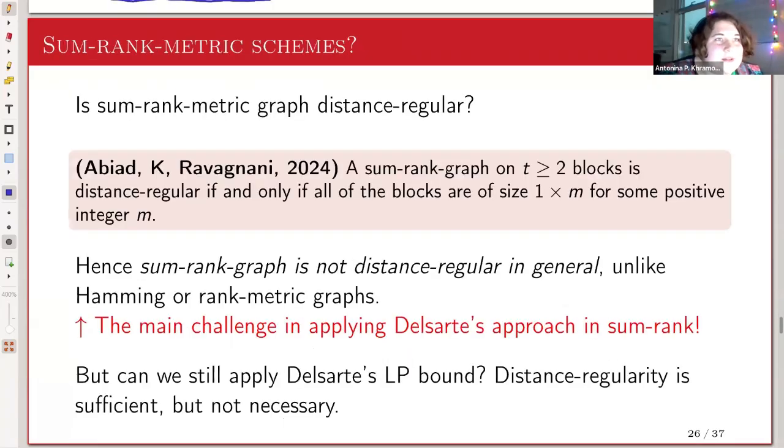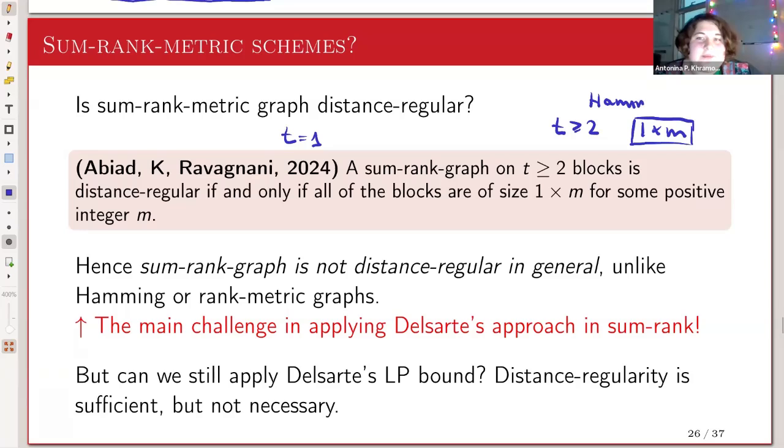And it turns out that unfortunately, no, the sum-rank metric graph is not distance regular in general. It is only distance regular in two cases: when we have t equal to 1, or when we have t more than 1 and all blocks have this form, so all matrices are just 1 by m, which is basically the Hamming case. It is the same as saying that the graph is the Hamming graph, and the other is the bilinear forms graph case.